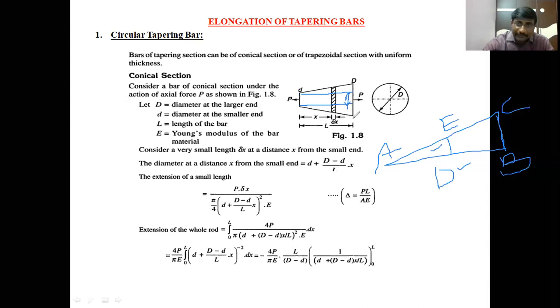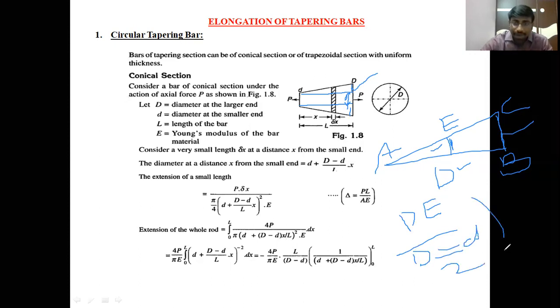Total diameter is capital D. Capital D minus small d gives the two distances, which are equal. Therefore, capital D minus small d by 2 gives this distance. So BC is capital D minus small d by 2. We want to find this distance, so DA divided by capital D minus small d by 2. Clear?